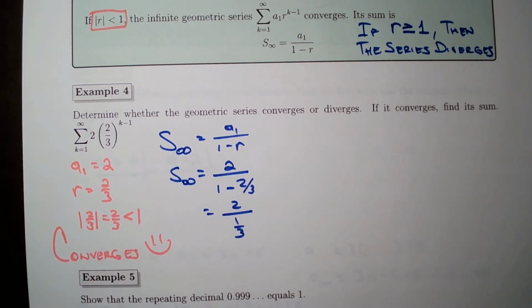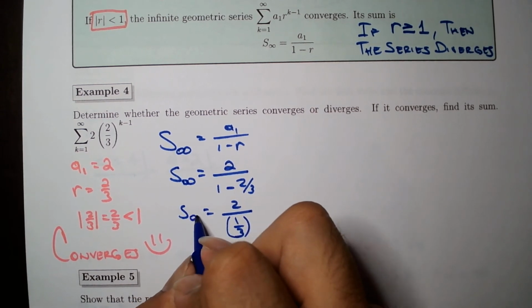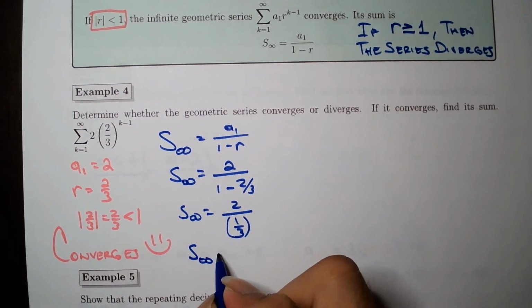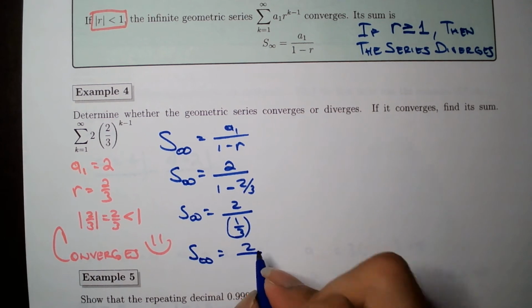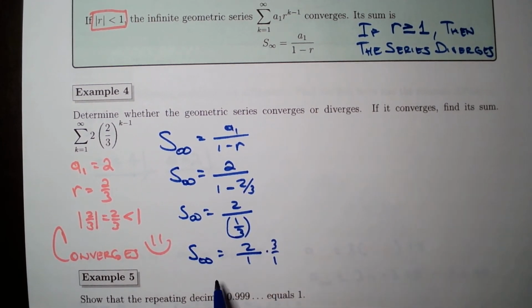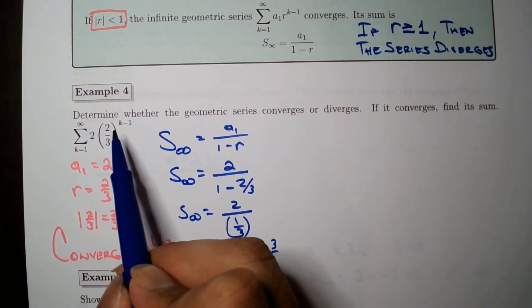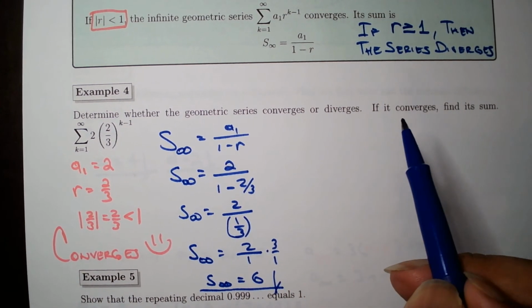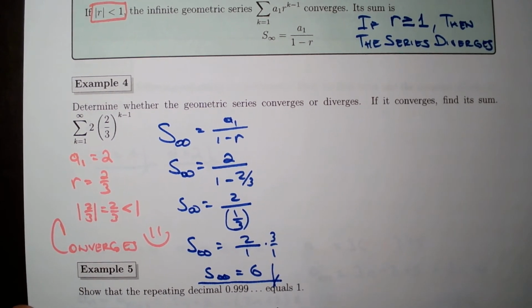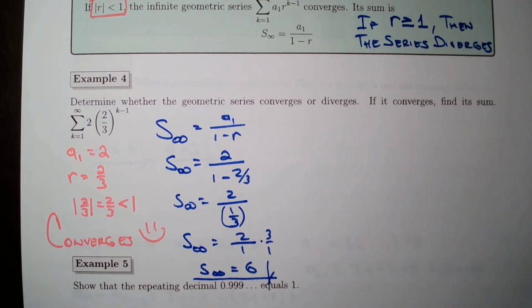Then be careful here: dividing by 1/3 is the same as multiplying by the reciprocal, which in this case is 6. So if we expand this series to its infinitely many terms and add all of them, the final answer is 6.